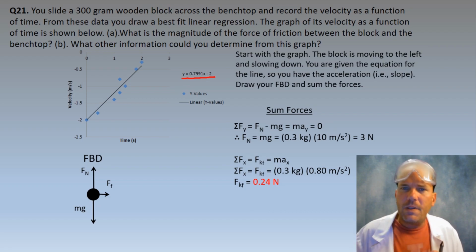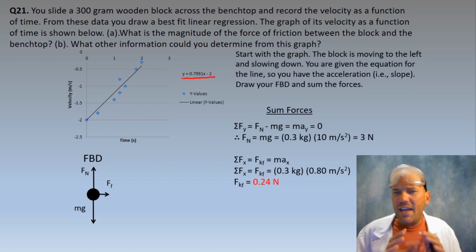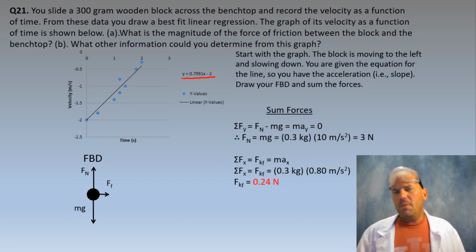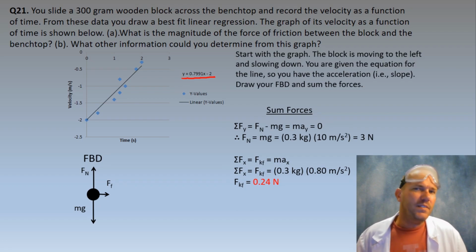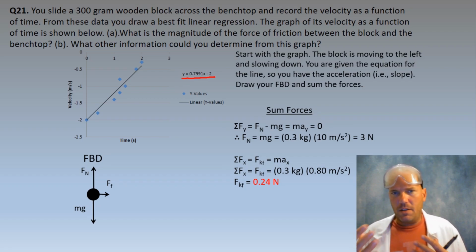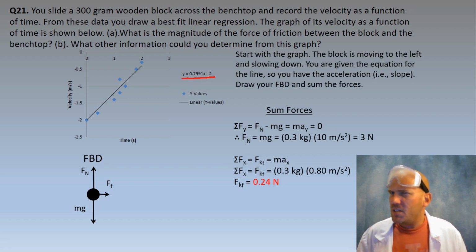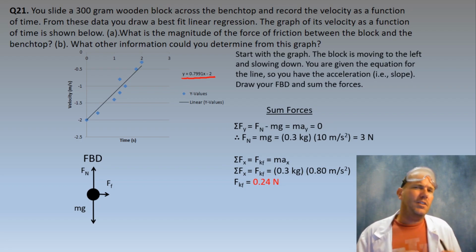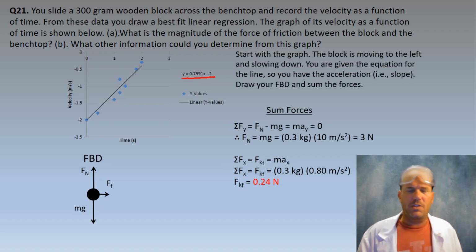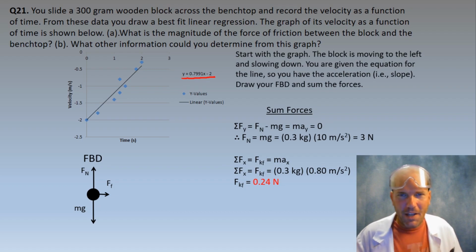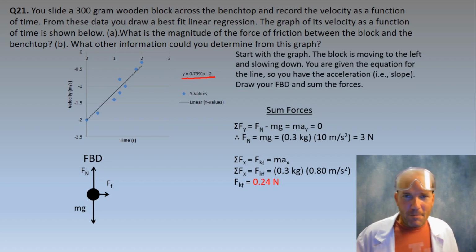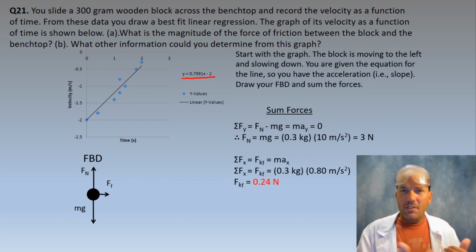Moving forward with this information, we can then look at the x direction, okay? And because the block is moving, we're going to denote that as the force of kinetic friction, all right? The friction when an object is in motion, compared to static friction when it is not in motion. We know that the force of friction opposes the direction of the motion, which, looking at the free body diagram again, we know the object is moving backwards to the left, and force of friction is opposing that.